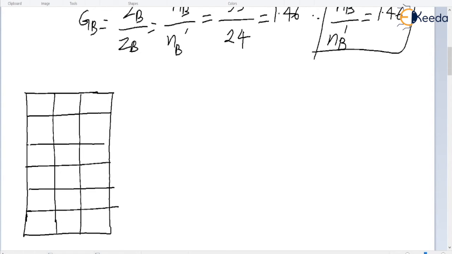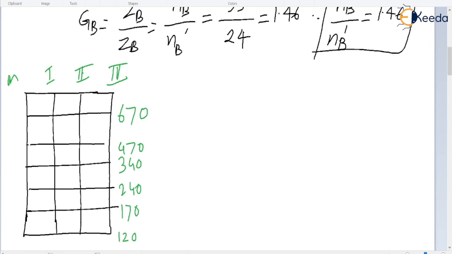Now we know this is 120 rpm, this is 170, 240, 340, 470, and the last one is 670. This is shaft 1, 2, and 3, and this is the machine shaft. We have already discussed these points, so I'll just quickly draw the diagram. So this is completed.